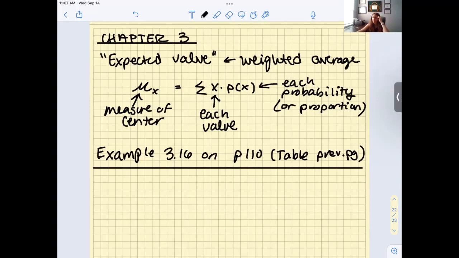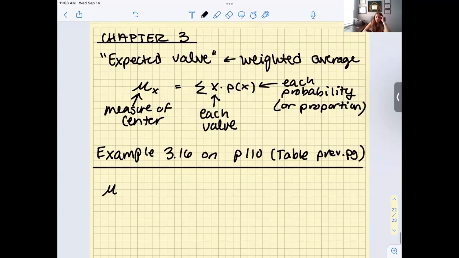So if you look at the previous page, there's that table where you have your values of x and your probabilities of x. So each value has its own probability.